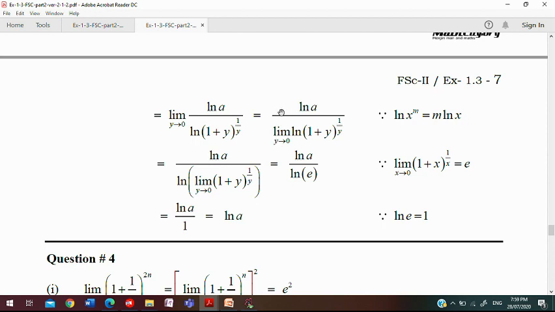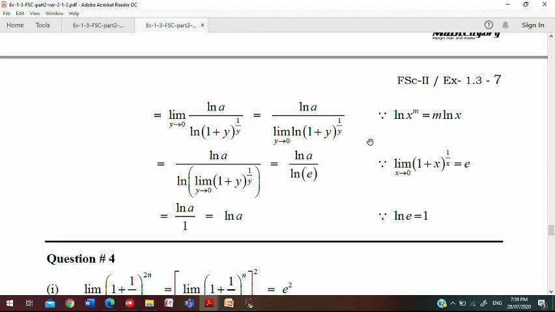Log a is a constant term, so we apply the limit just to those terms where we have y. Before, our fraction was 1 by y into log(1 plus y), and by using the property of log, we have taken 1 by y in the power of this factor.